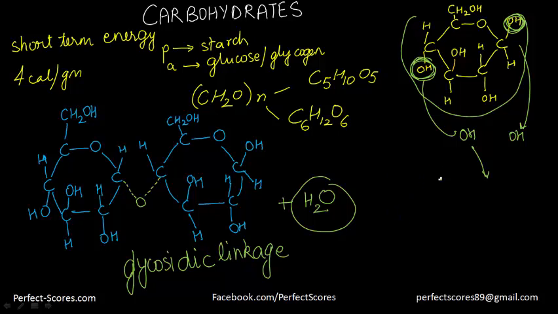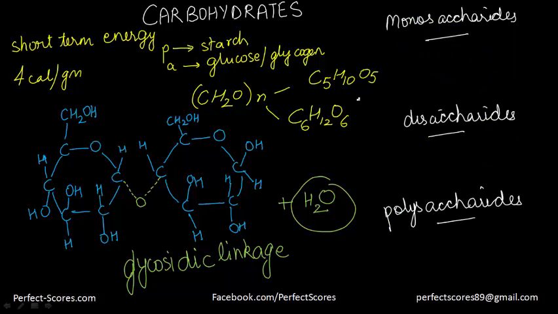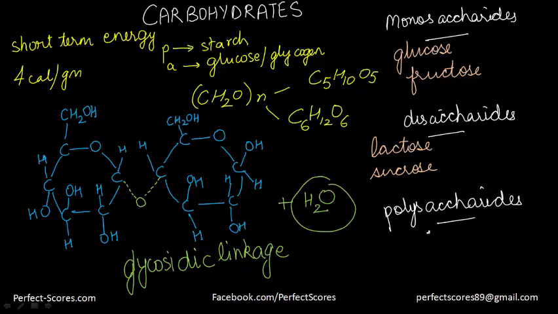So let's do a few examples of carbohydrates. An example of monosaccharides is glucose, which is used for short-term energy in animals, and fructose, which is fruit sugar found in honey and onions, and it's a good source of energy. Examples of disaccharides include lactose, which is milk sugar used in animals, and sucrose, which is the transportable form of sugar used in plants.